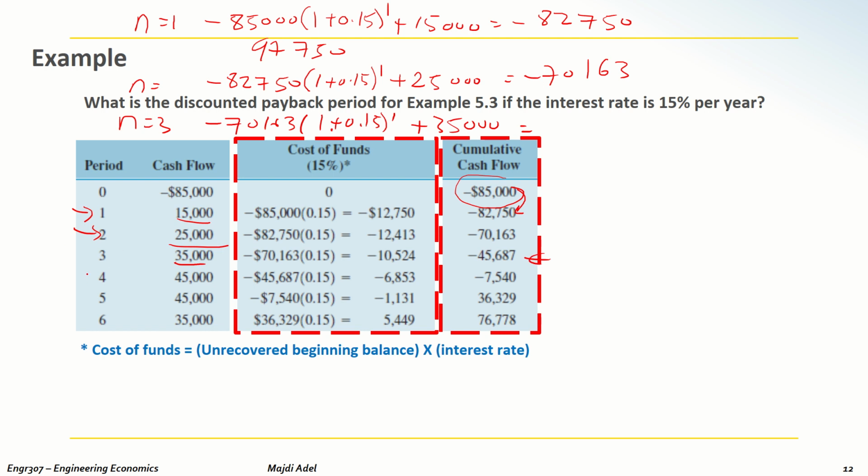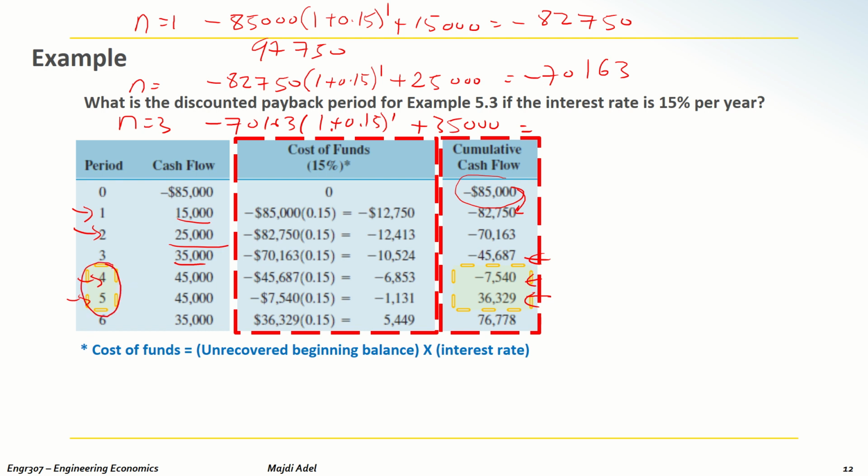We do the same calculation at n equal 4 and get minus $7,540. At n equal 5, we do the same calculations and get plus $36,329. So we can see that the cumulative cash flow changes its sign between years 4 and 5.